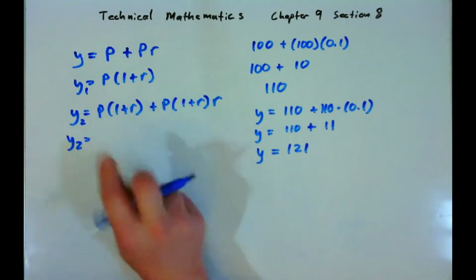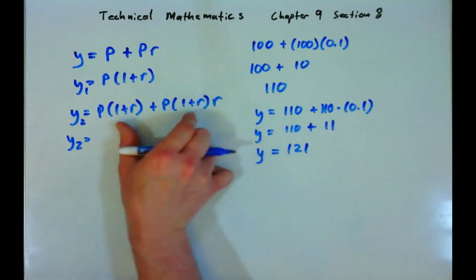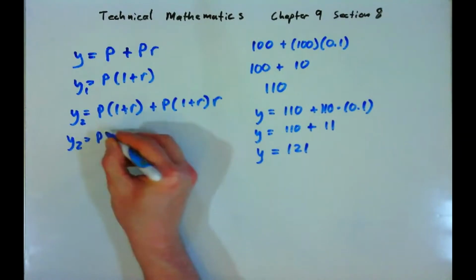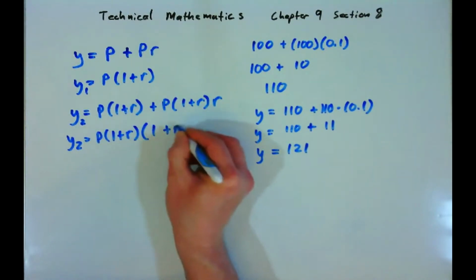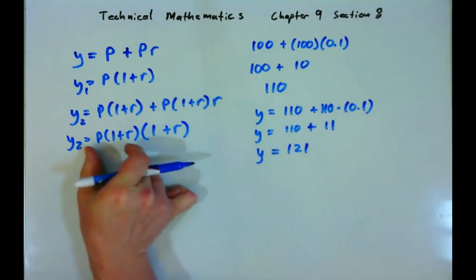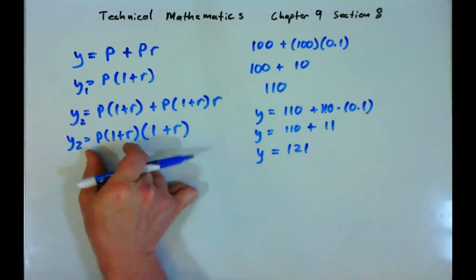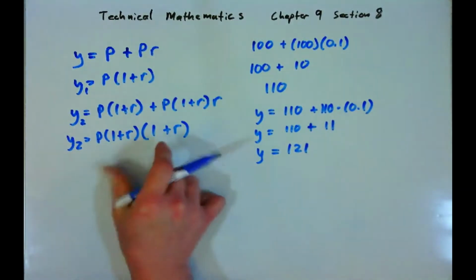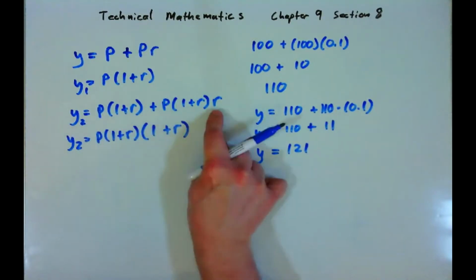Now if we look at the second year, P times 1 plus R, P times 1 plus R, this factors out, and we get P times 1 plus R times 1 plus R. And so again, if I were to redistribute all of this into this set of parentheses, we would have P times 1 plus R plus P times 1 plus R times R, which is what we started with.